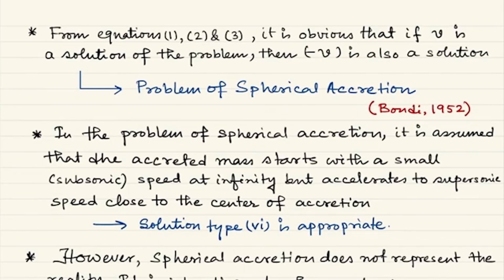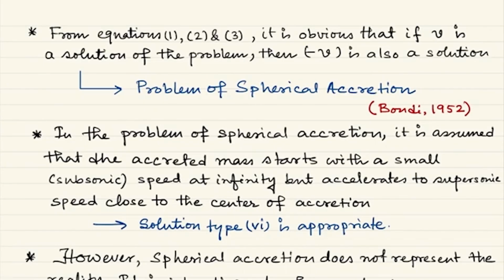Okay. So in the problem of spherical accretion, it is assumed that the accreted mass starts with a small subsonic speed at infinity. So that means at very large distance there is a source of some mass. For example, let's say some star starts to come in the neighborhood of another star.